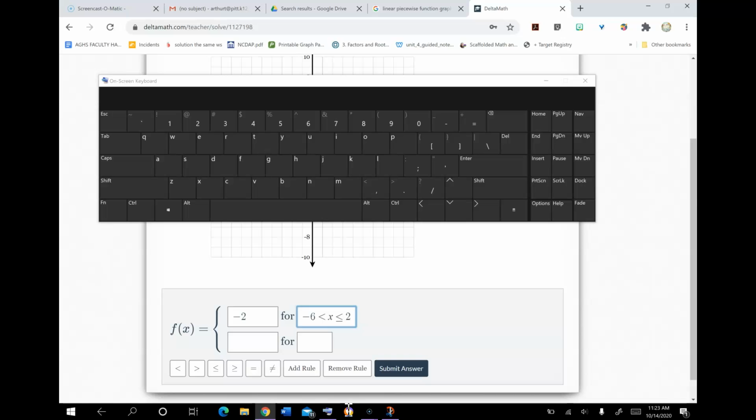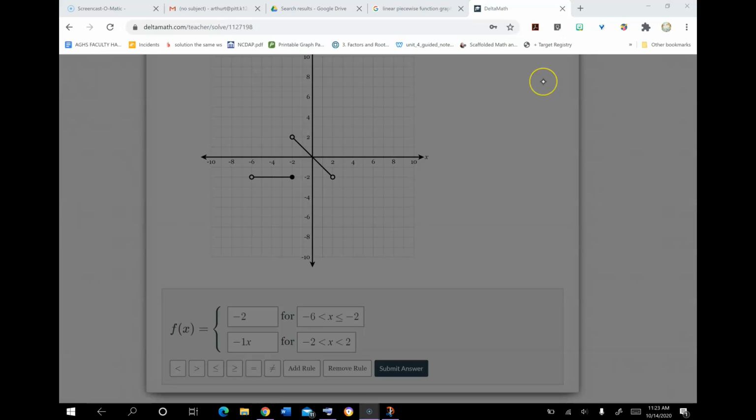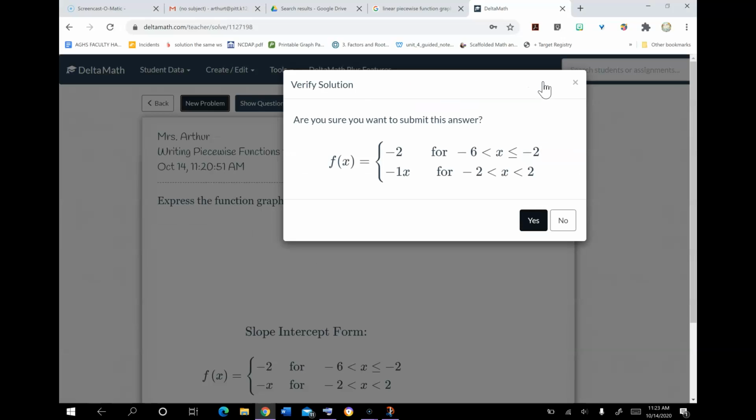The next one was -1x. And this one was negative 2 less than x less than 2. Submit, minimize, and we're done.